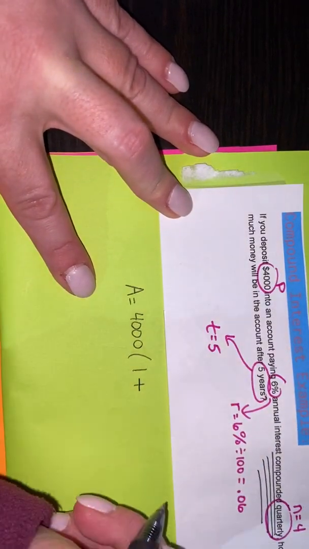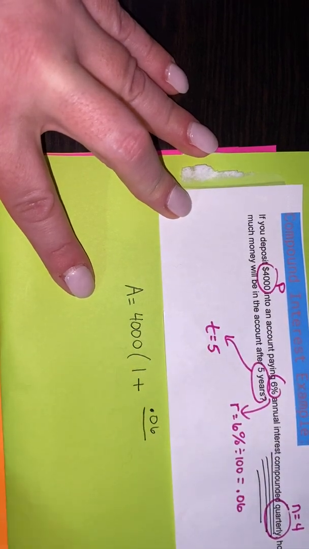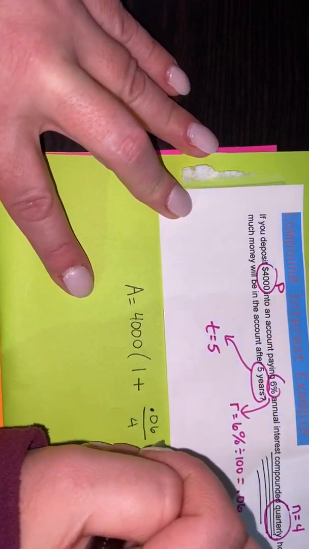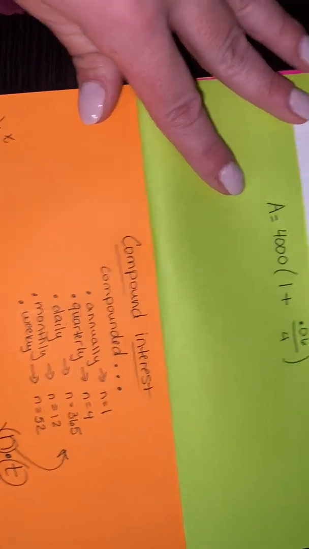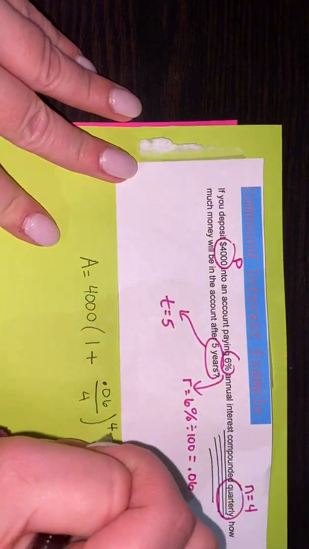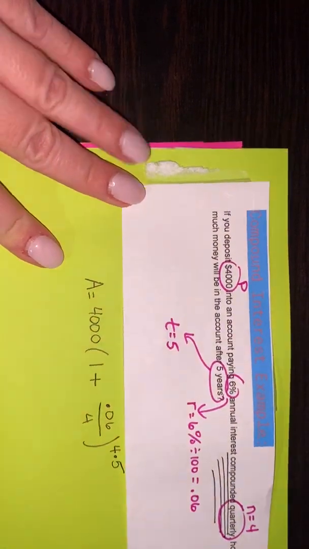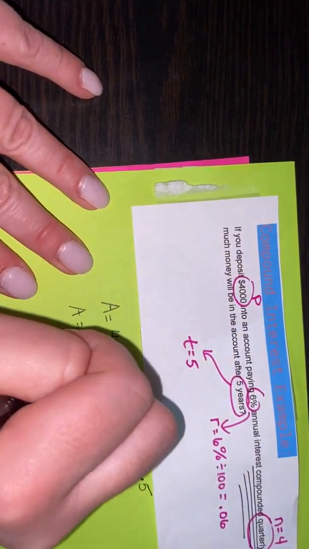Plus the rate, 0.06, divided by n, and in this case it's 4, raised to n times t. Well, n times t is 4 times 5. Now, before you pick up your calculator, I highly recommend that you do a couple little pieces first.